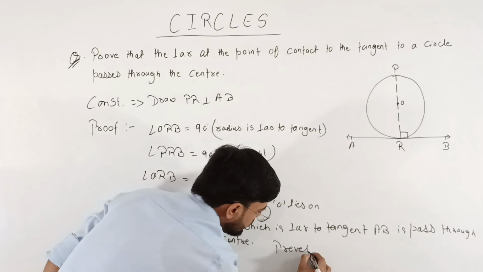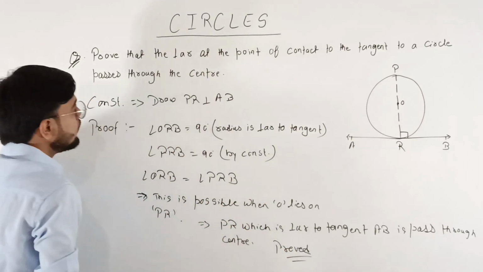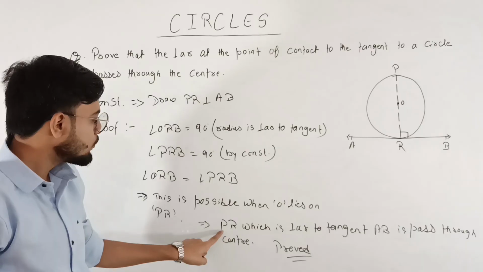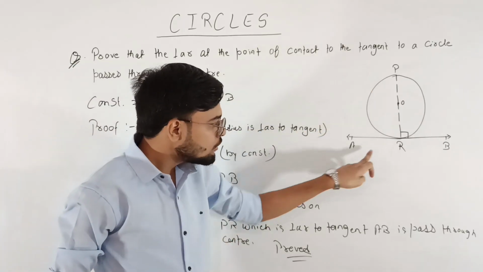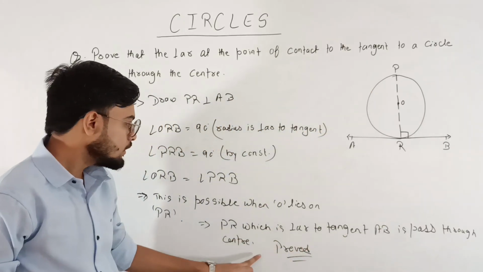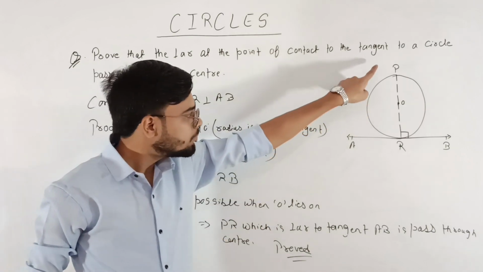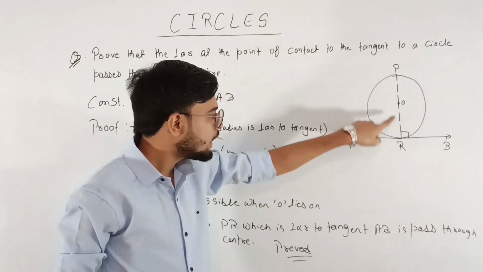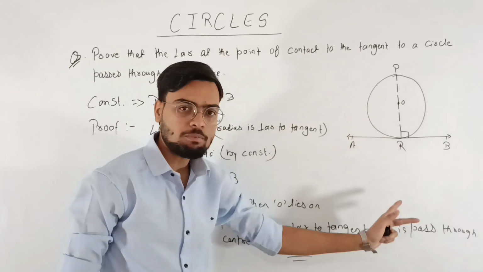Now this is proved. This is what we had to prove: the perpendicular at the point of contact to the tangent of a circle passes through the center. Now the perpendicular is what? PR is perpendicular to the tangent AB and passes through the center. Why? Because O is the center and O lies on PR. So PR passes through the center.